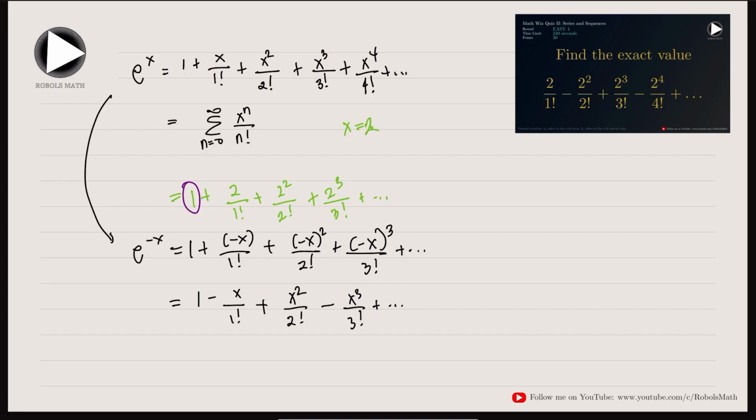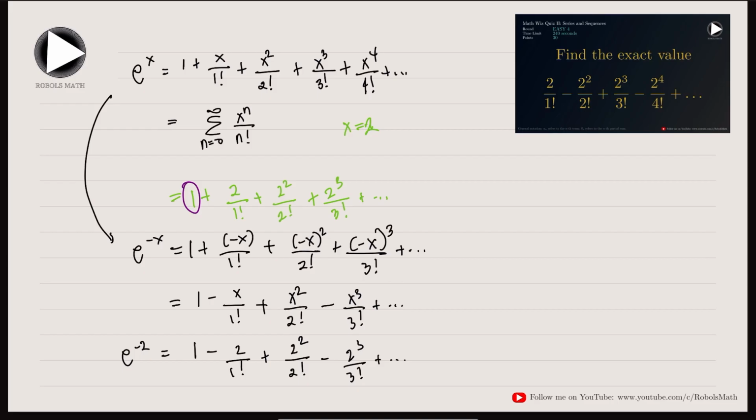If we substitute x equals 2, we get e to the negative 2 equals 1 minus 2 over 1 factorial plus 2 squared over 2 factorial minus 2 cubed over 3 factorial and so on.